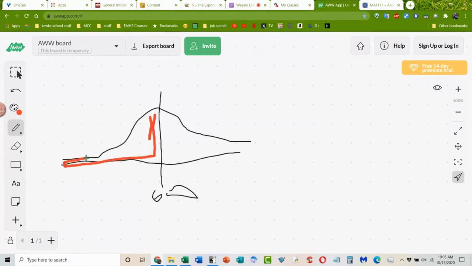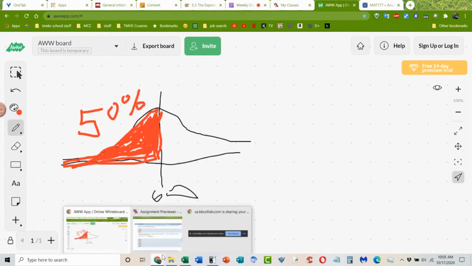What percent of the data is below 60? Remember, 50%. Right, because this is the mean, median. So half the data is over here. That's 50%.